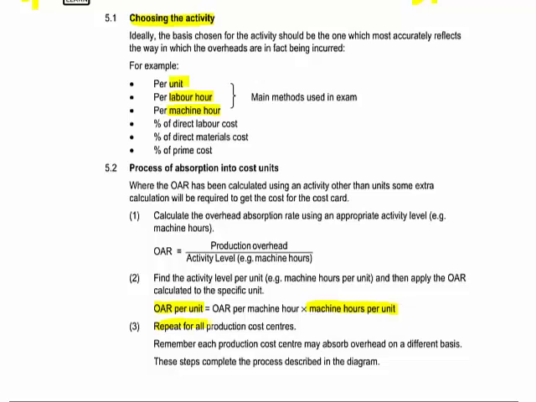And this has to be repeated for all of the production cost centres, and if necessary the company can use a different basis of absorption for each of the departments, the production departments.